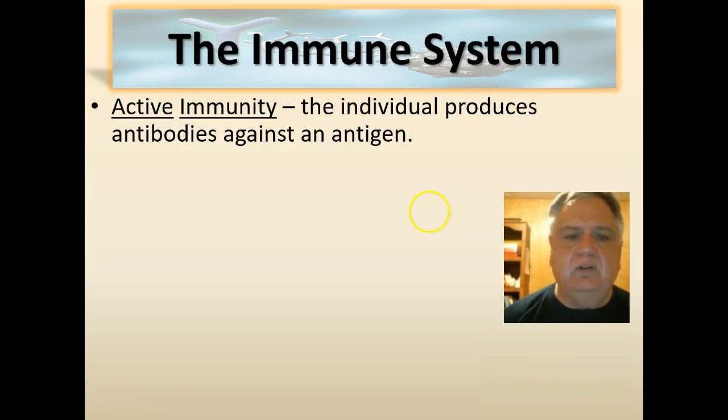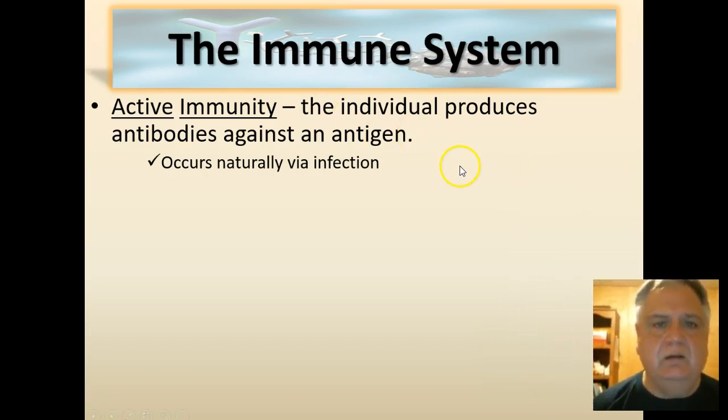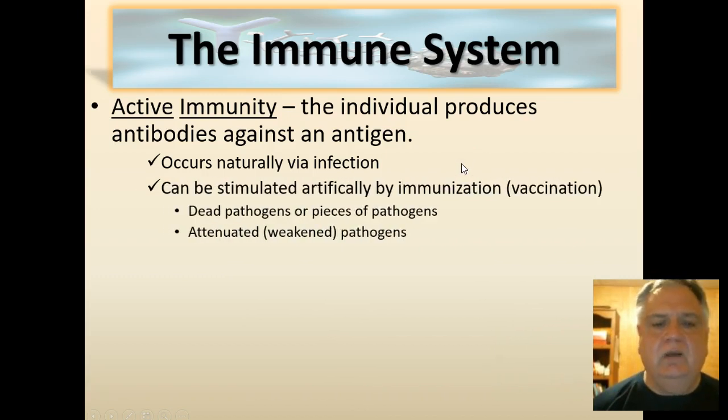Let's take a look at the difference between active and passive acquired immunity. In active immunity, just like the name suggests, the individual is going to produce the antibodies against the antigen. They are actively going to produce antibodies whenever they are infected naturally or infected by artificial means. Active immunity can occur naturally whenever we become infected, or it can be stimulated artificially by immunization.